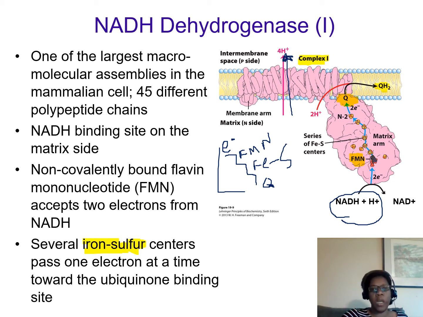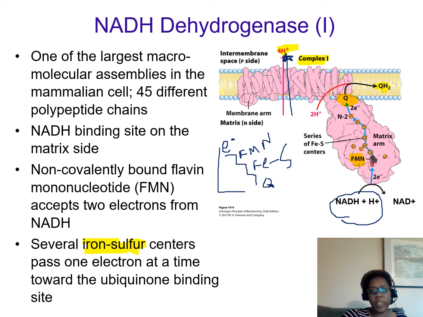We went in a stepwise motion to different molecules that had a higher and higher affinity for electrons, and every time we stepwise transferred those electrons, we released a little bit of energy, and that energy fueled the pumping out of 4 protons. So remember that we pumped out 4 protons, and now we created this electrochemical gradient.